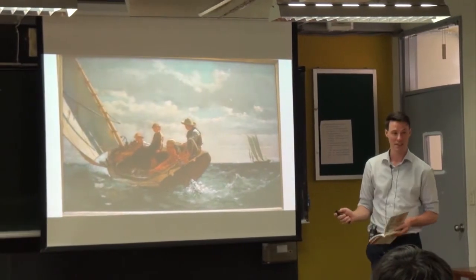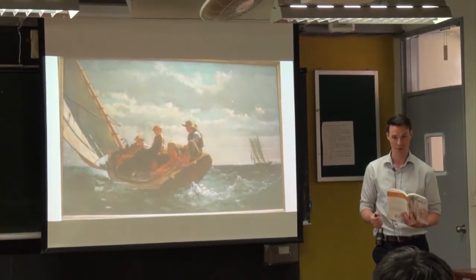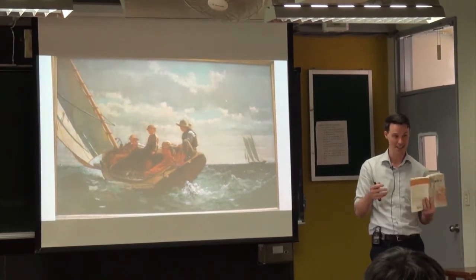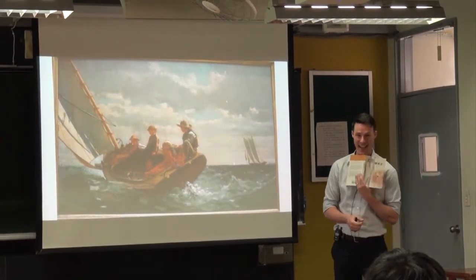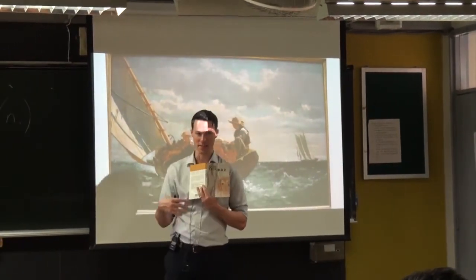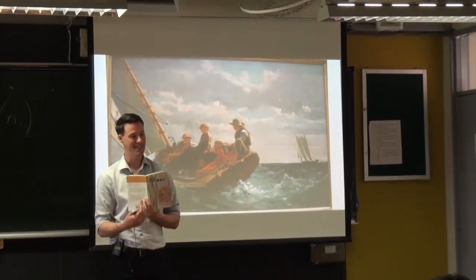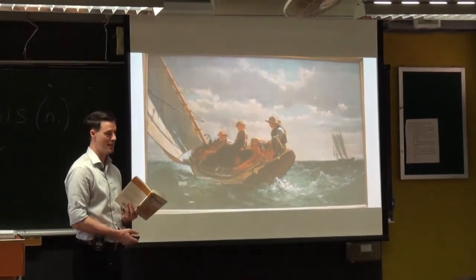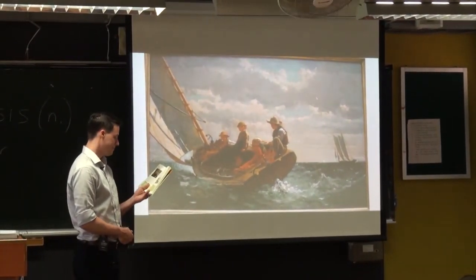Because obviously a picture doesn't move. A painting doesn't move. It's static. So how do you make something seem to move in a static image? And we're going to talk about different ways to do that today.